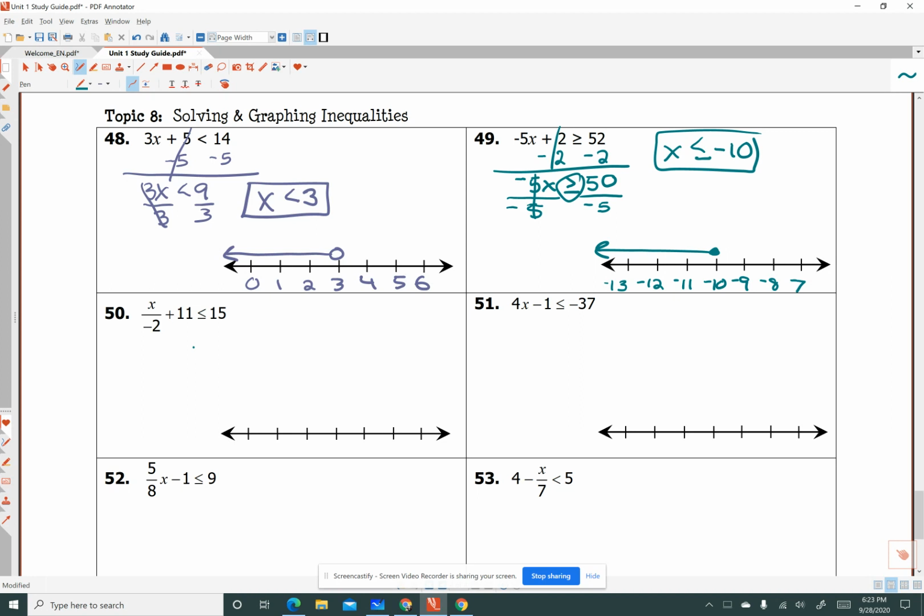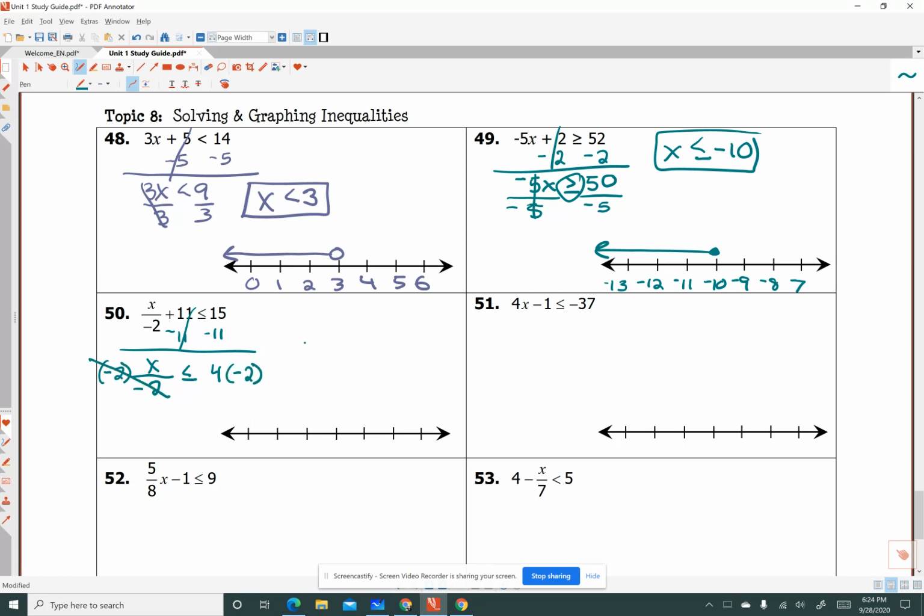Okay, for number 50, we'll subtract 11 from both sides. And that will give us x divided by negative 2 is less than or equal to 4. Now, multiply both sides by negative 2. So we're multiplying by a negative.